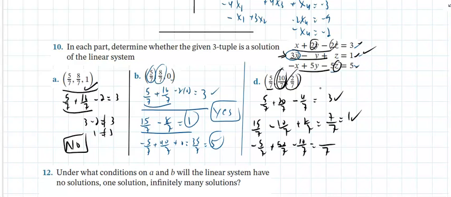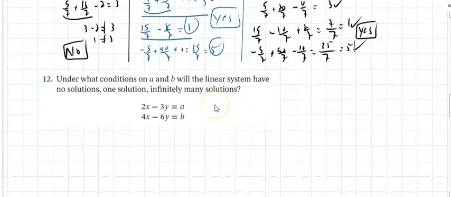What that is over 7, that is 50 minus 15, 35, and that turns out to be 5, and we say yes. So you could have an infinite amount of solutions. There's no way of figuring that out.